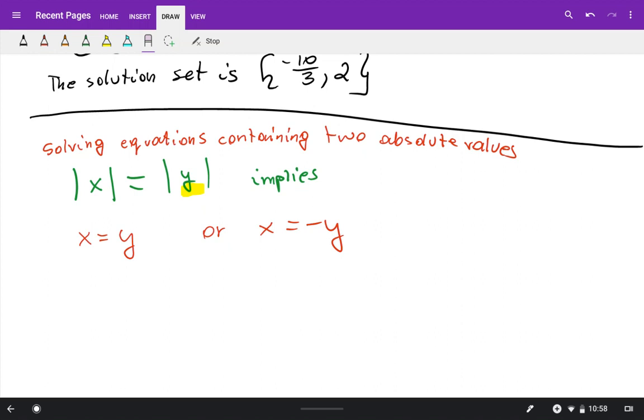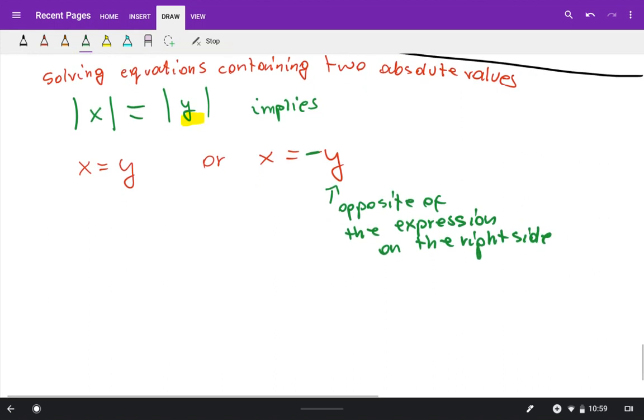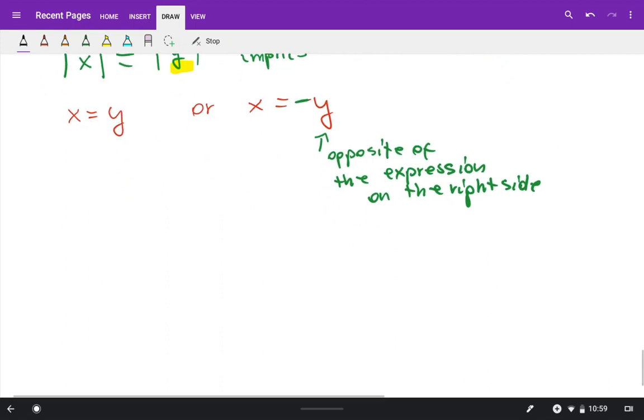Okay, so here, just remember, only the second equation, this one right here, takes the opposite of the expression on the right side. Let me just show you how to solve it.